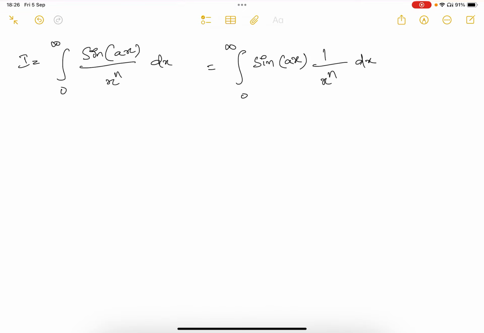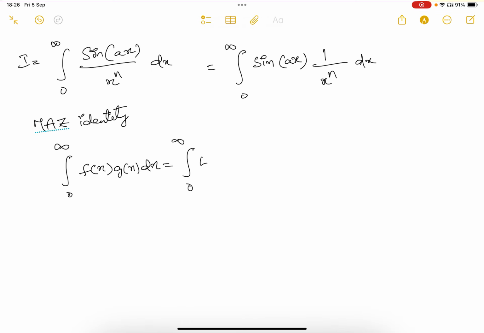So we know a Parseval-type identity, which is integral 0 to infinity f of x into g of x dx is integral 0 to infinity Laplace transform of f of x into Laplace inverse of g of x dx, right?